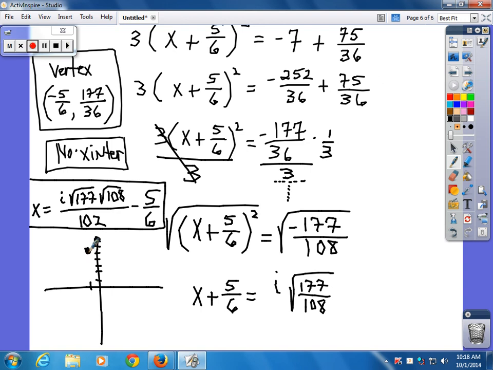Which way is it opening? It's opening upward, and it's also compressed, so it's going to be skinny like that. On this one, this is probably about a 6 or a 7, mainly because of the yucky numbers that we got.